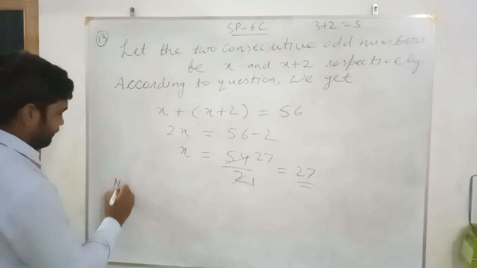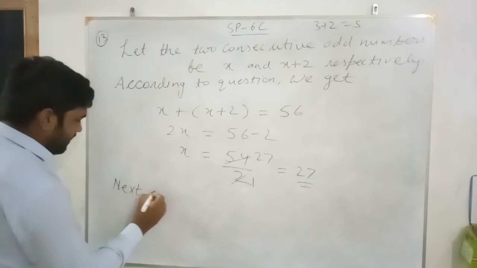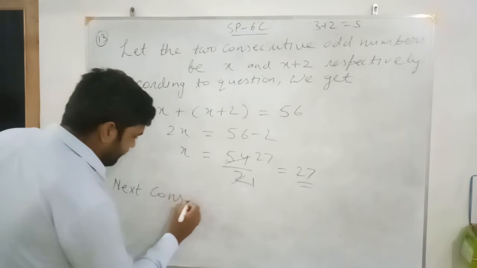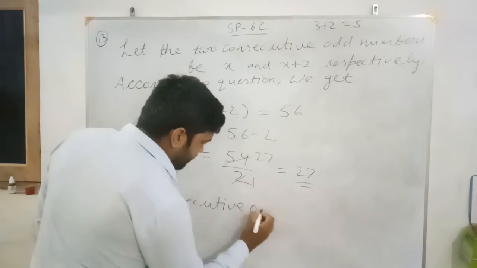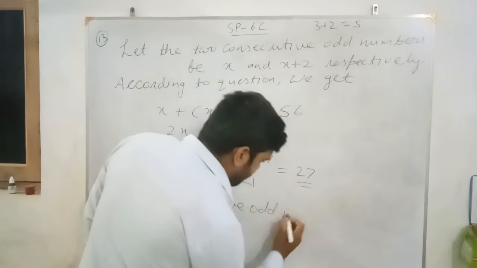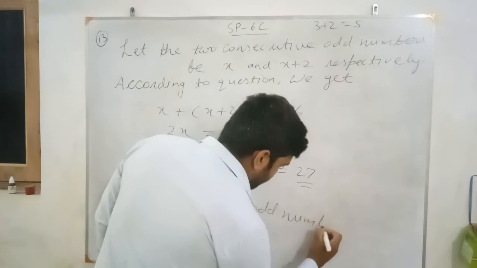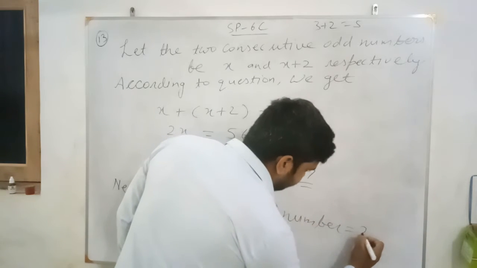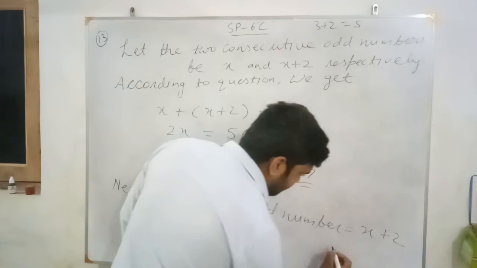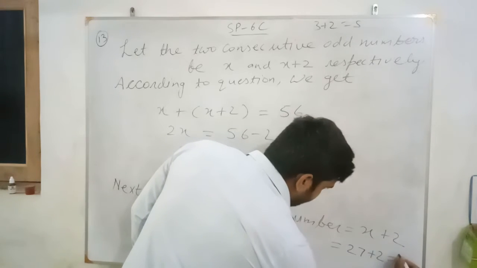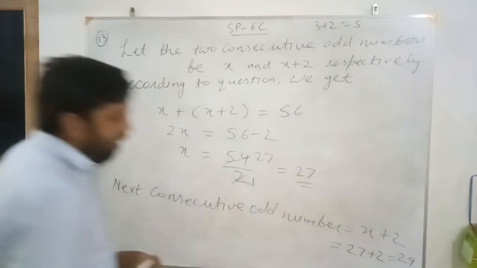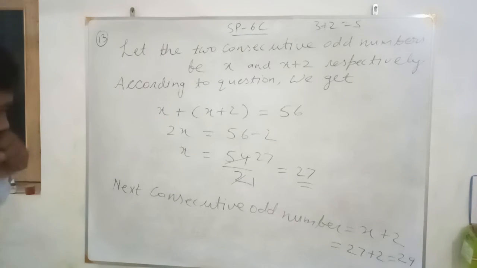Now the next consecutive odd number equals x plus 2, that is 27 plus 2 equals 29.